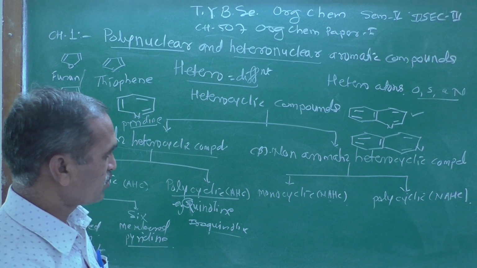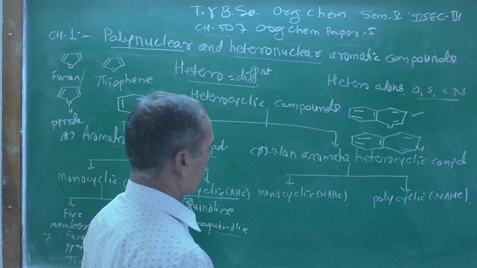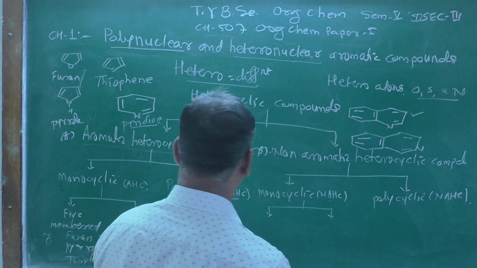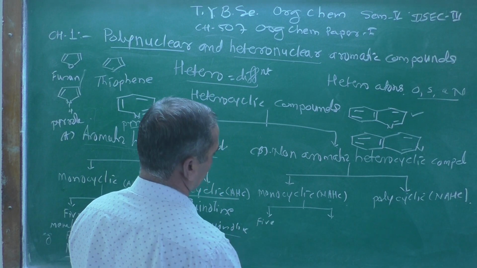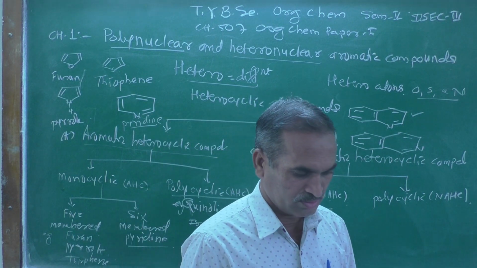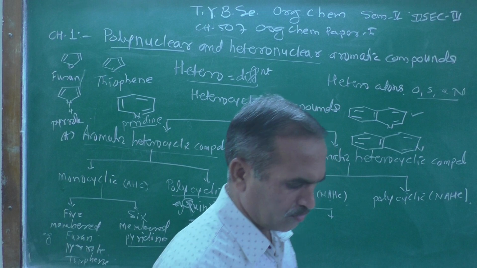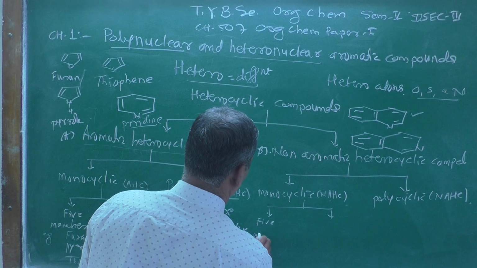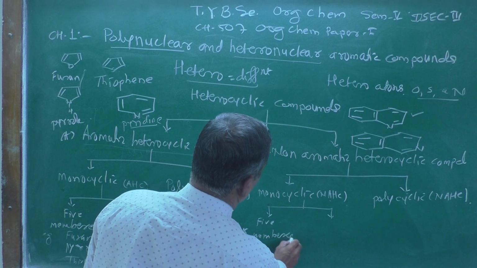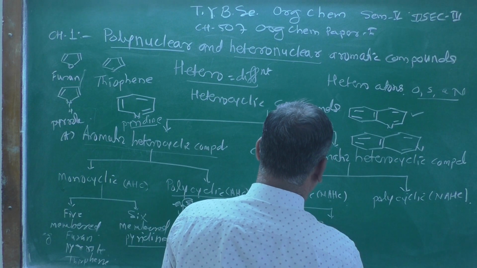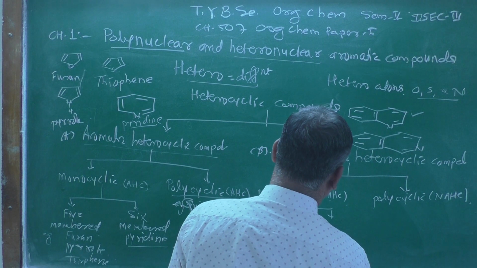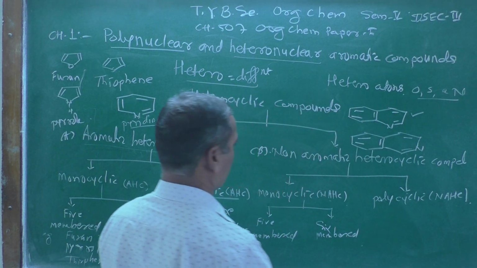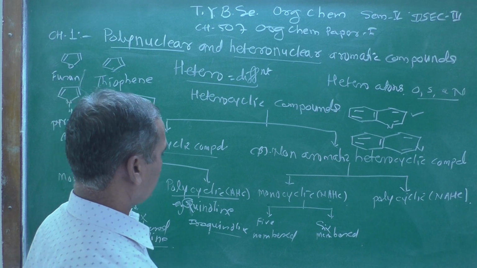Monocyclic is further divided into two types: 5-membered, or even 4-membered also, but let us see 5-membered non-aromatic heterocyclic compounds, and 6-membered non-aromatic heterocyclic compounds.